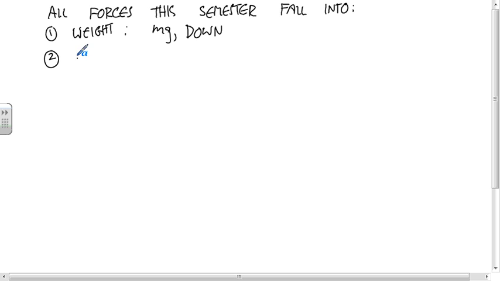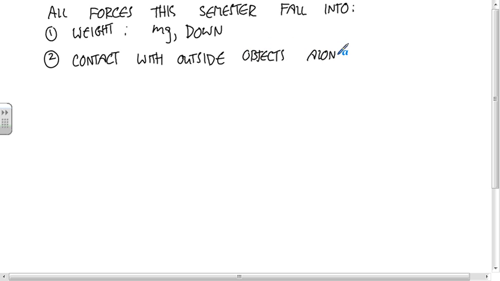And contact with outside objects somewhere along the boundary. So if you account for the weight and you account for all the places where there's contact, then you know you're done. It's just a simple checklist you can go through to make sure that you're accounting for everything.